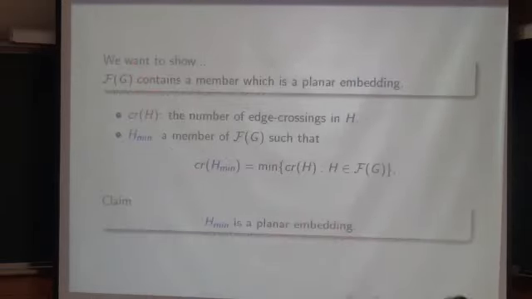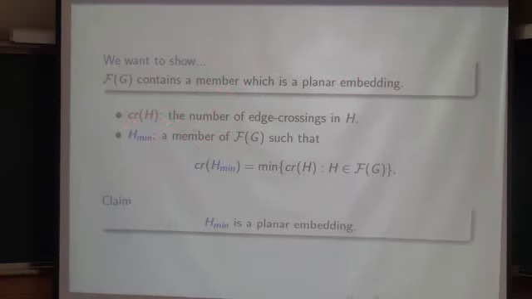So we want to show the following. F(G) contains a member which is a planar embedding, right? Then this is equivalent to the condition that G is edge-addable, right? Okay. So for this, we define the following.